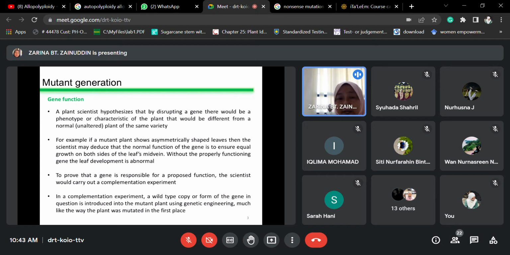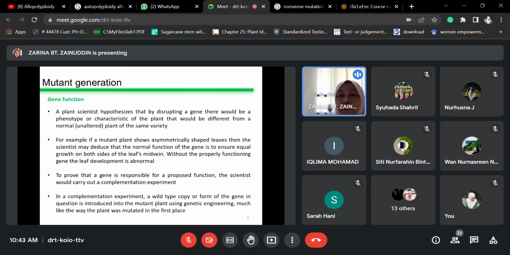So, for example, if the mutant shows an asymmetrically shaped leaf, so when you create the mutant, the shape of the leaf is not symmetrical. So we can deduce that the normal function of the gene is actually to ensure equal growth on both sides of the leaf mid-vein.